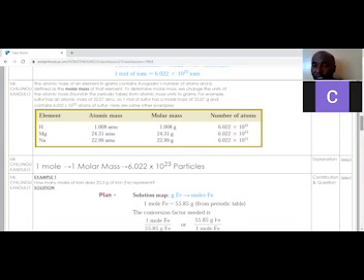Remember, guys, in chemistry, that's why we want to know. What does it mean?